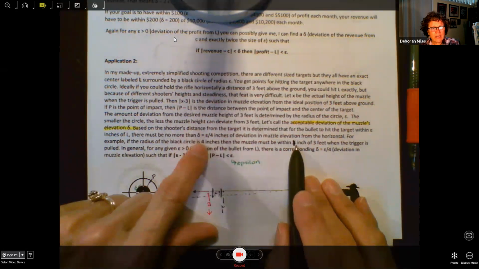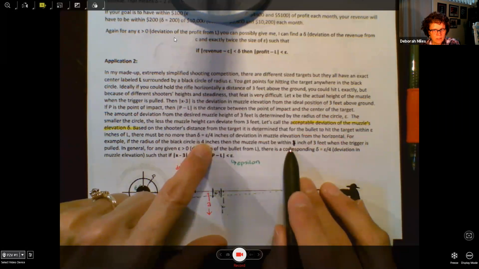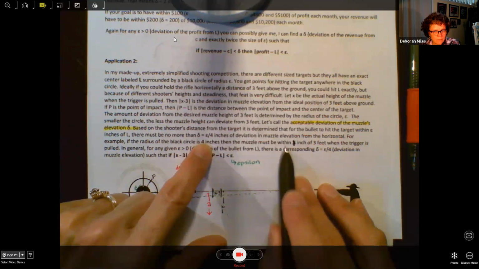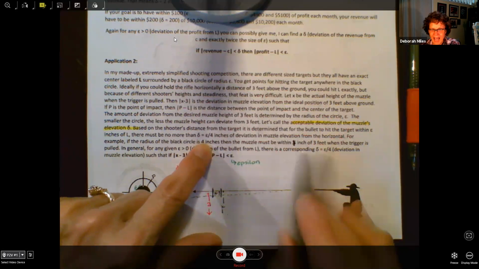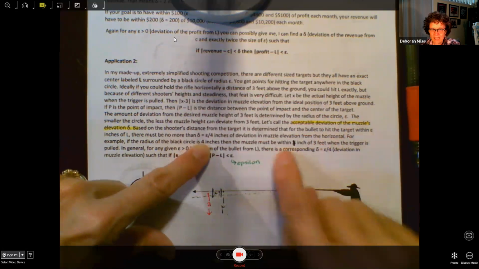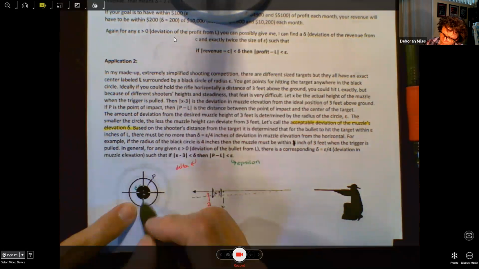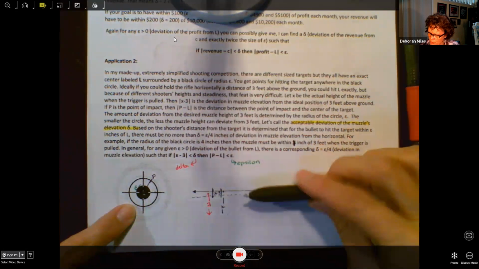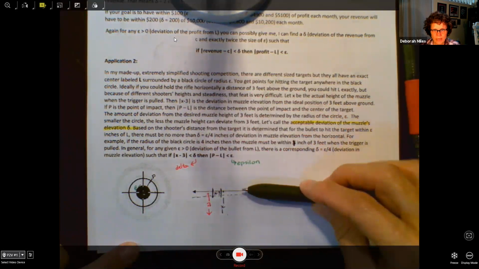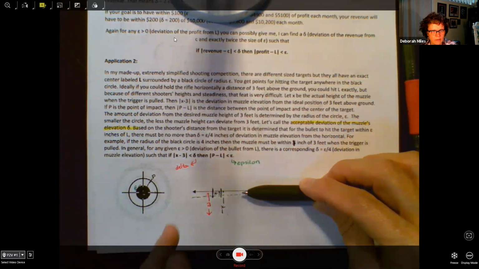If epsilon is 4, then delta, the distance between ideal and actual trajectory, has to be within an inch. If this is 4 inches, this trajectory can only vary by 1 inch of the perfect 3 feet off the ground when the trigger is pulled.